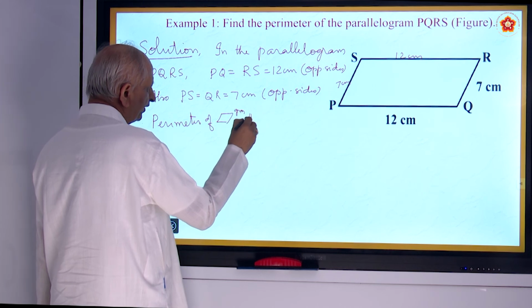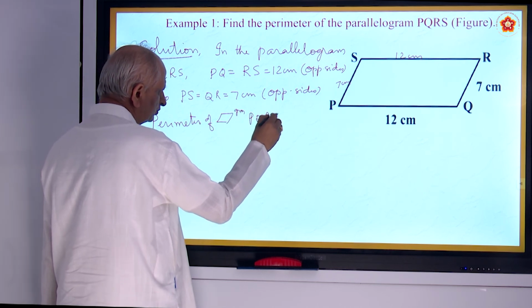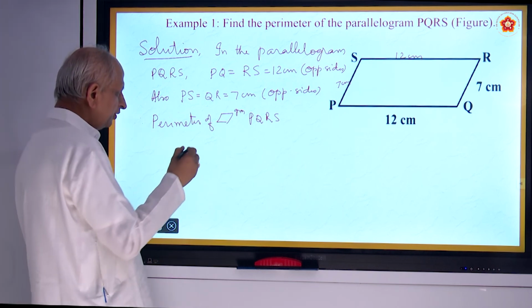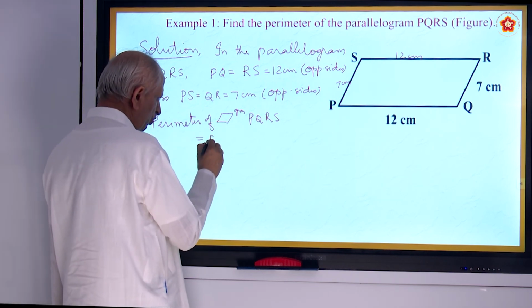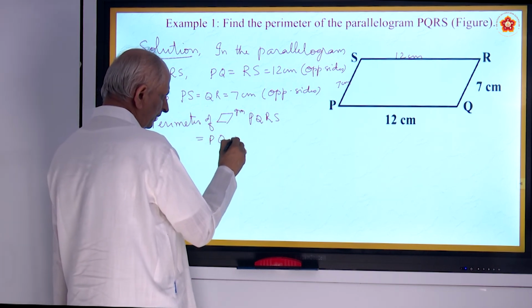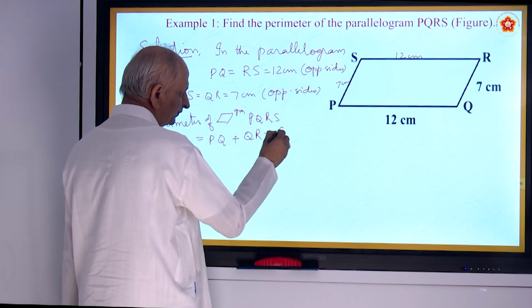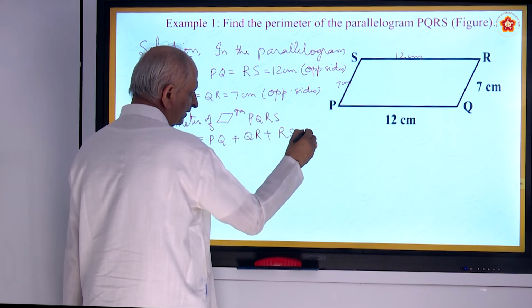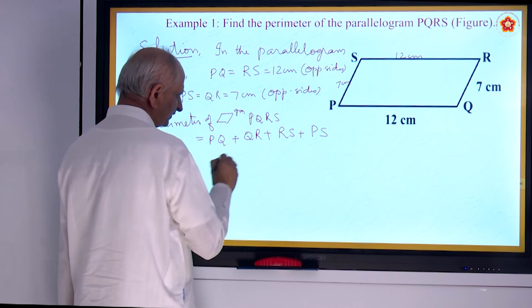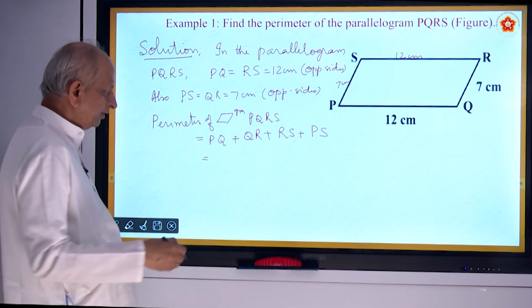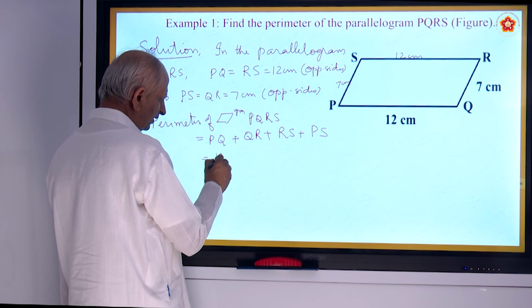Parallelogram PQRS is equal to, name the four sides. What are the four sides? Number 1, PQ. Number 2, QR. Number 3, RS. Number 4, PS. Noted? Okay, PQ is how much? 12.